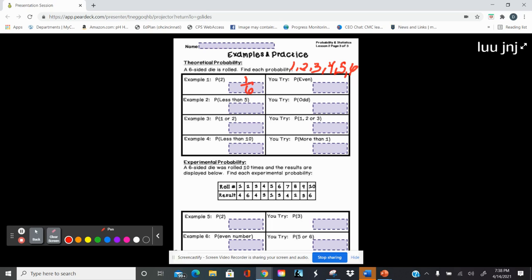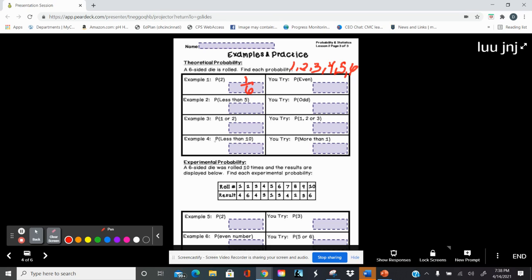So now let's look at example 2. We want to know the probability of a die being less than 5. Less than 5 is not including 5, it's just the numbers below it. So we're referring to 1, 2, 3, and 4. That's 4 numbers, right?